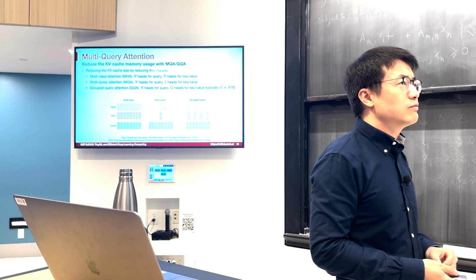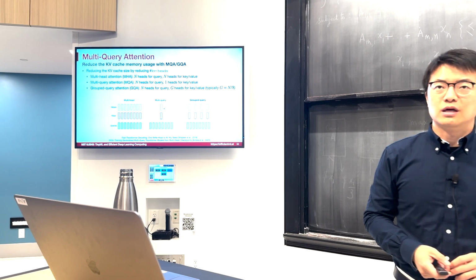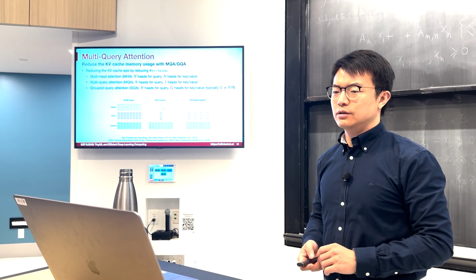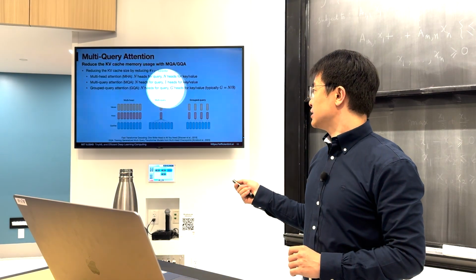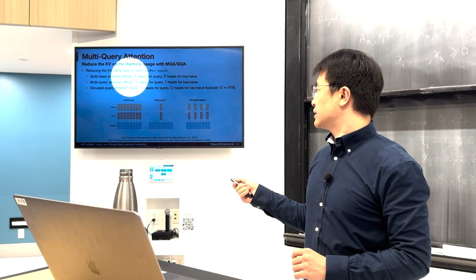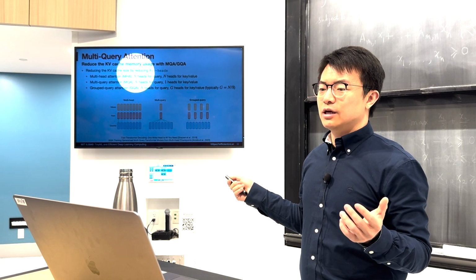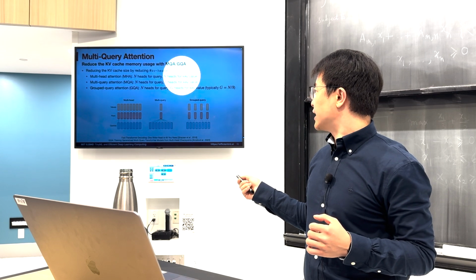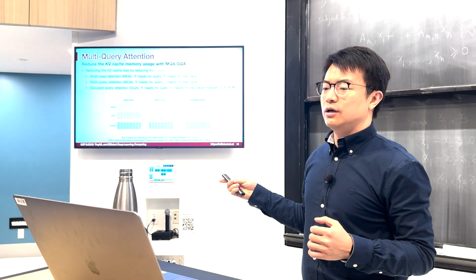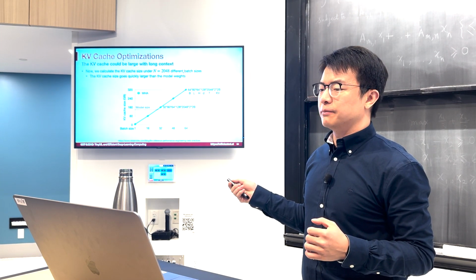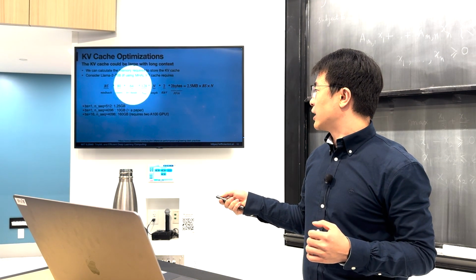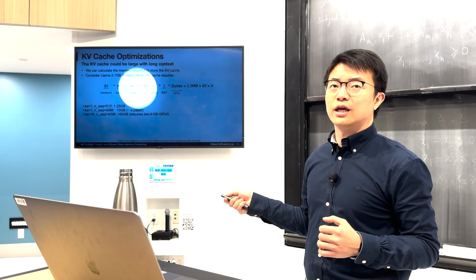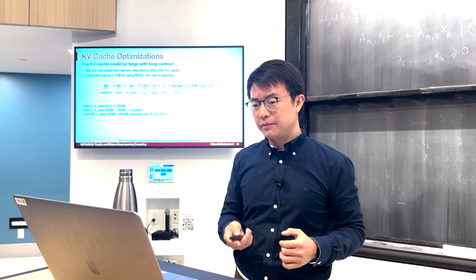Can we save the KV cache by sharing some of the keys and values? So that's the idea for multi-query attention. Compared with the multi-head attention, where you have n heads for query and also n heads for key and value, therefore when we are calculating the size of the KV cache, we are multiplying with a very big value, the KV heads.